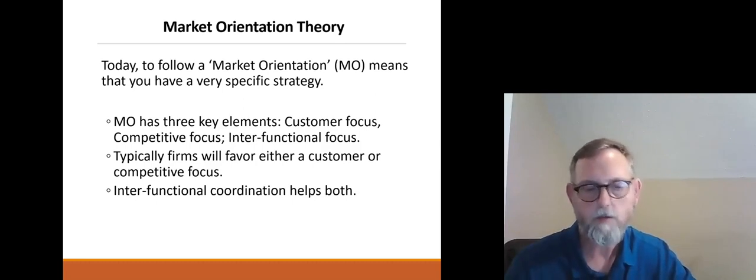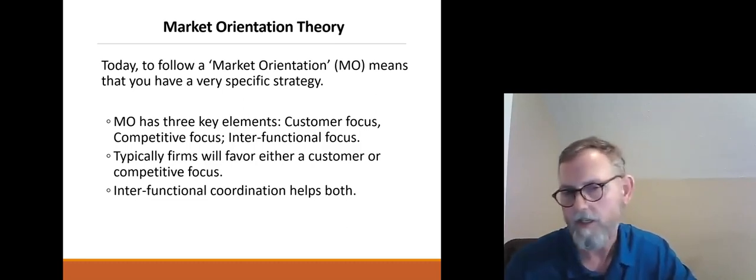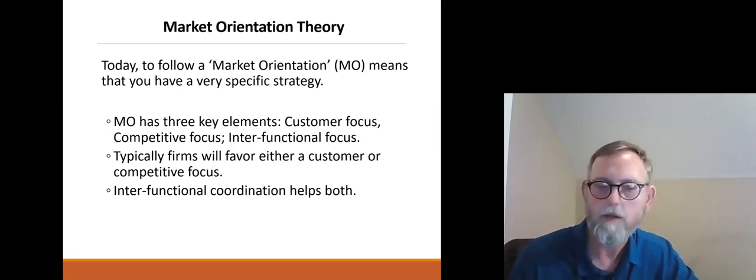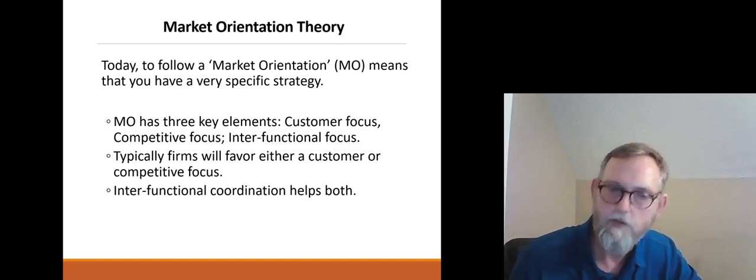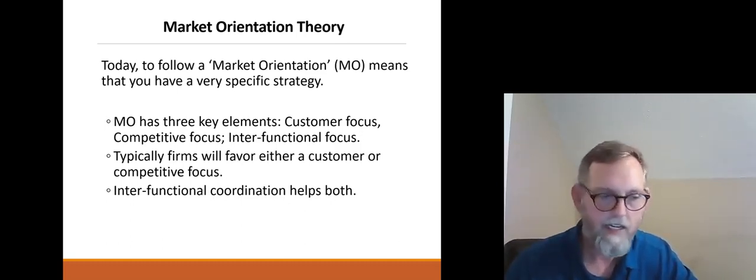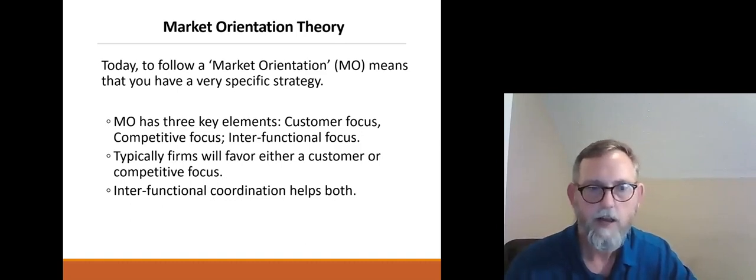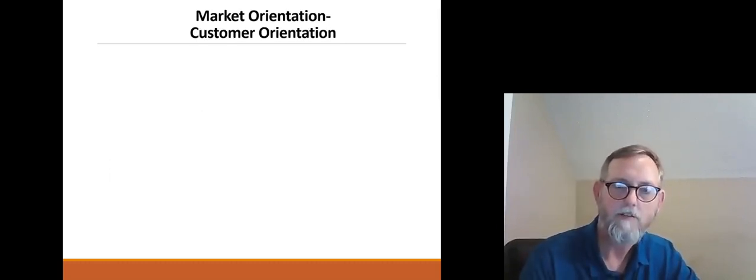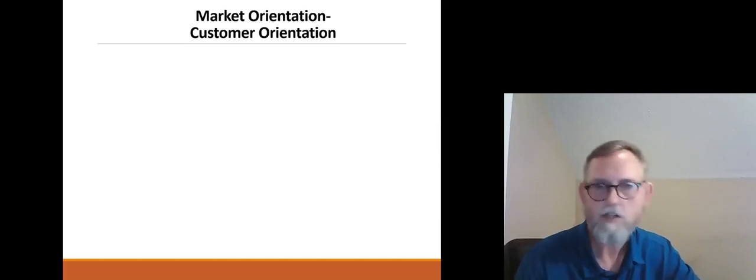It may not be that you're equally balanced between a customer orientation and a competitive orientation; it's typical that companies will have a better focus on one over the other. But at the end of the day, interfunctional coordination helps. It's the glue that keeps everything together in a lot of ways. That's the way I think about it.